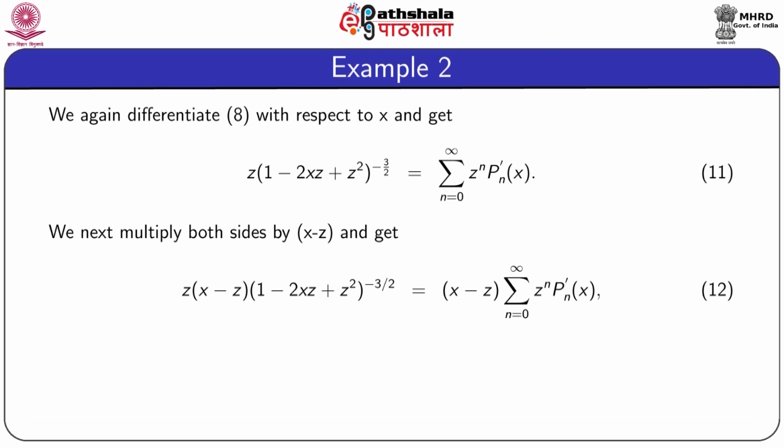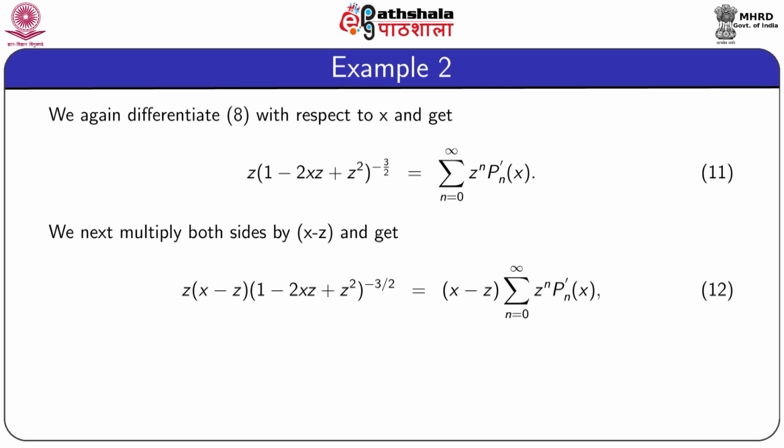We again differentiate 8 with respect to x, and we get z into (1 minus 2xz plus z squared) to the power minus 3 by 2 equal to summation n equal to 0 to infinity z to the power n P'_n(x), given by equation number 11.